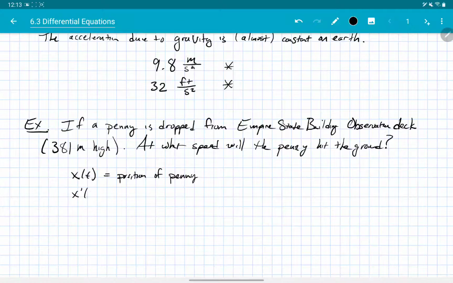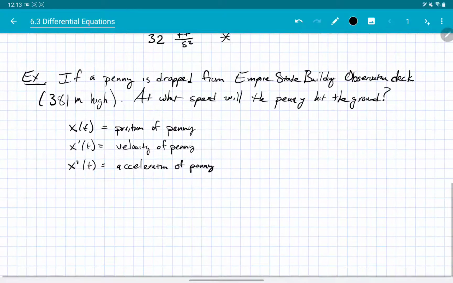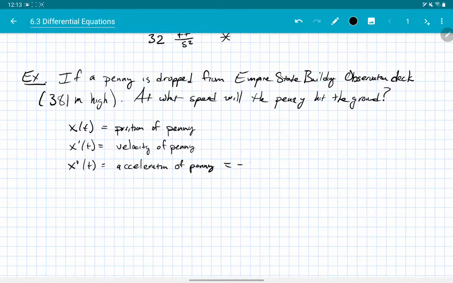Then x prime of t we know is the velocity of the penny, and x double prime of t will be the acceleration of the penny. We know the acceleration of the penny is equal to negative 9.8 meters per second per second. That is known. We also know that at time 0, the penny is 381 meters high. So we're going to use this information to work backwards.